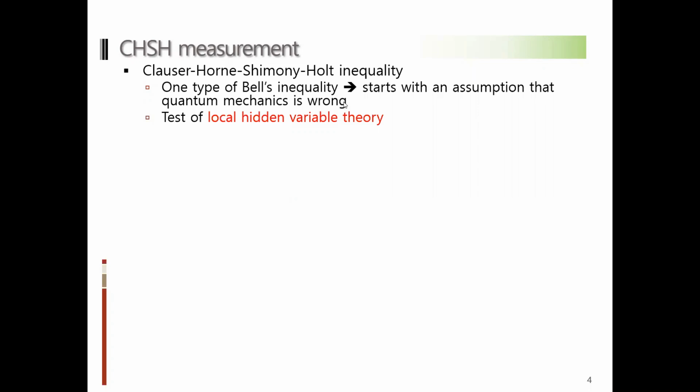From now on, for the next few pages, I will simply assume that the local hidden variable theory is correct, and based on that assumption, we will define four different types of measurement.